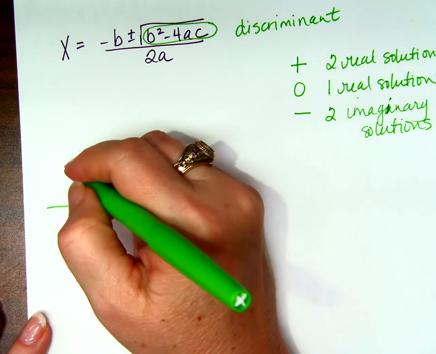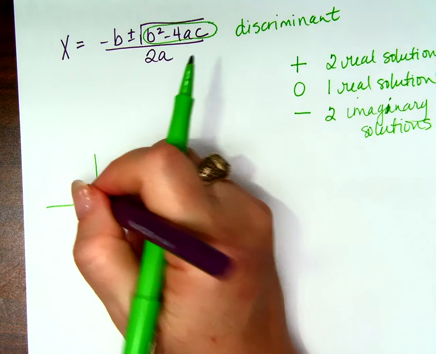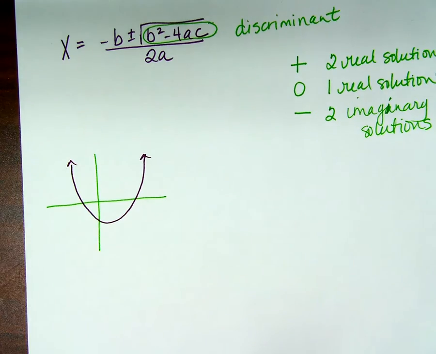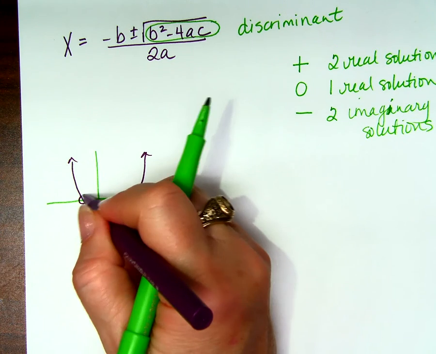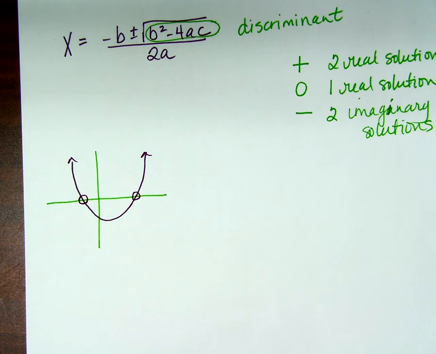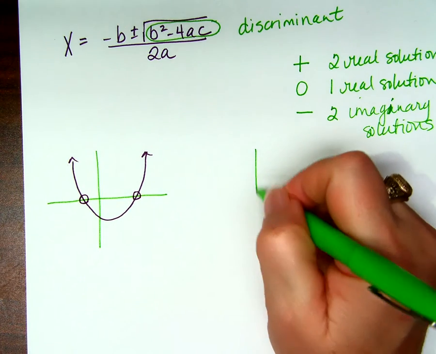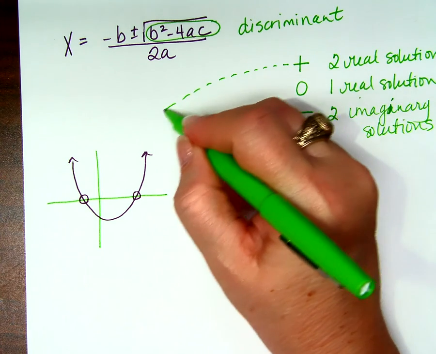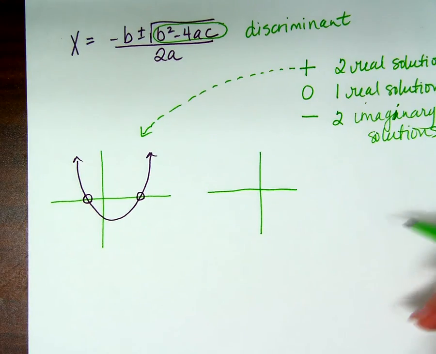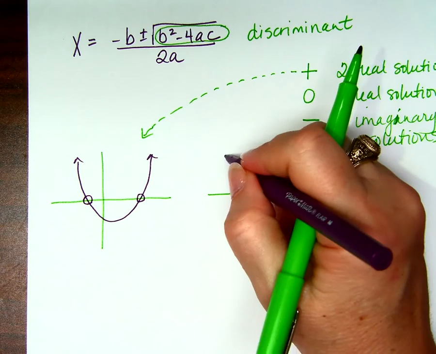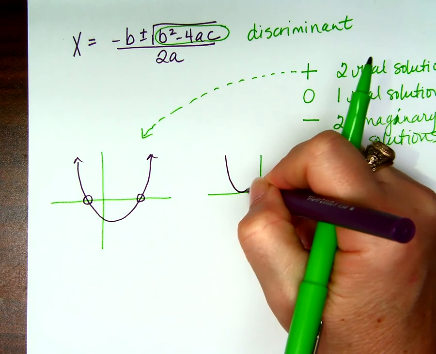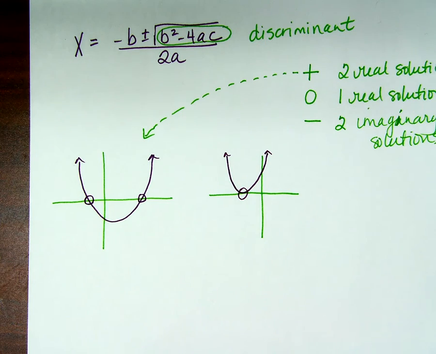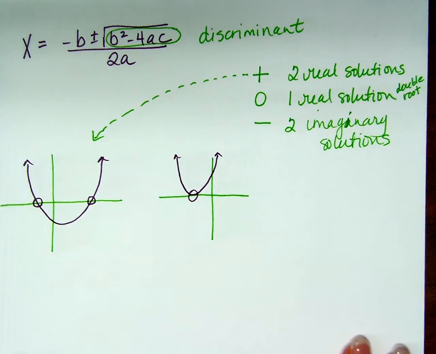Okay? Obviously, this is not the only thing it could look like. All right? But I'm just giving you some examples. This is an example of 2 real solutions because the parabola crosses the x-axis 2 times. So that goes with that one. Okay? This parabola crosses the x-axis, or actually touches the x-axis 1 time.